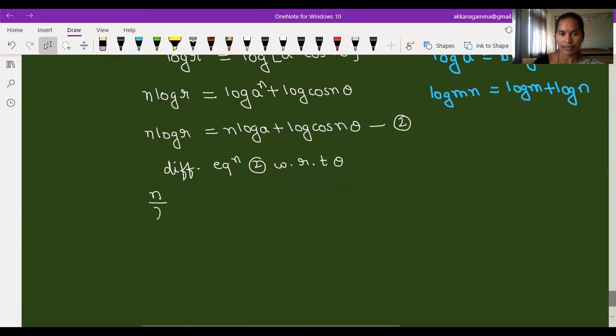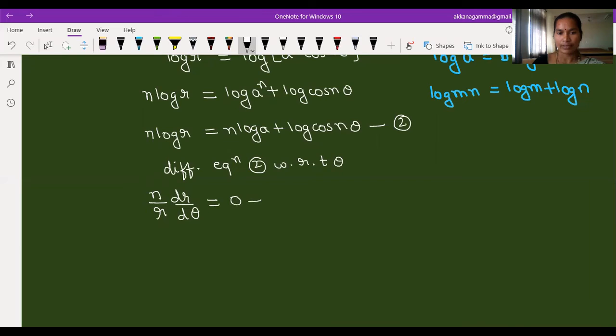On the RHS, log a is a constant, so its derivative is 0, plus the derivative of log of cos of n theta, which is 1 by cos of n theta into minus n into sine of n theta. Here you can observe these two get cancelled.